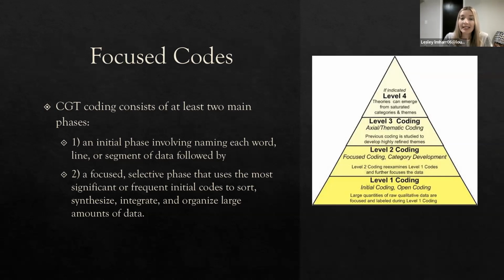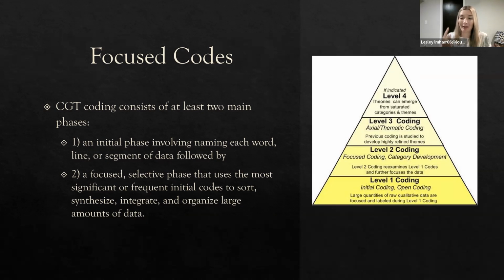So CGT analytic strategies really consist of two main phases. The first one is the initial phase, involving naming each word, line, or segment. So that is our gerund strategy. The second is a focused, selective phase that uses the most significant and frequent initial codes.